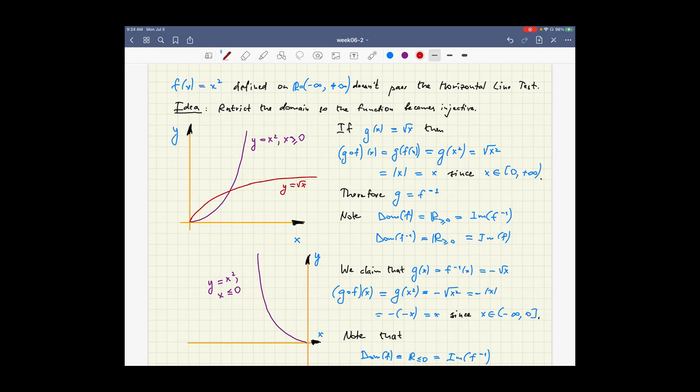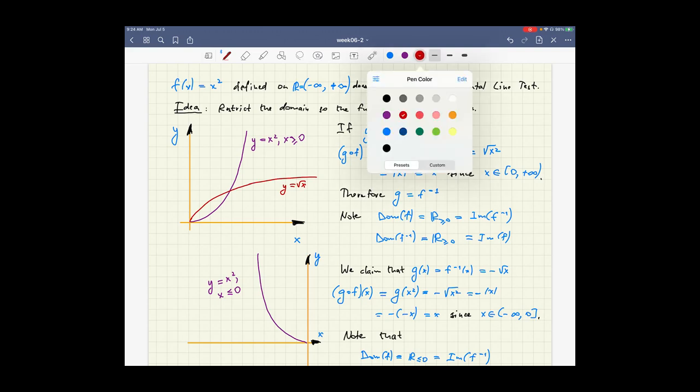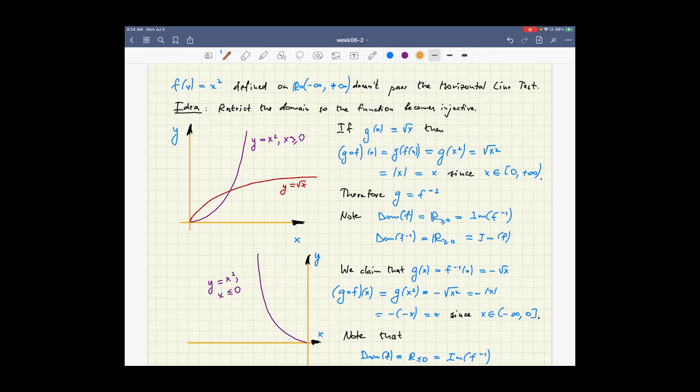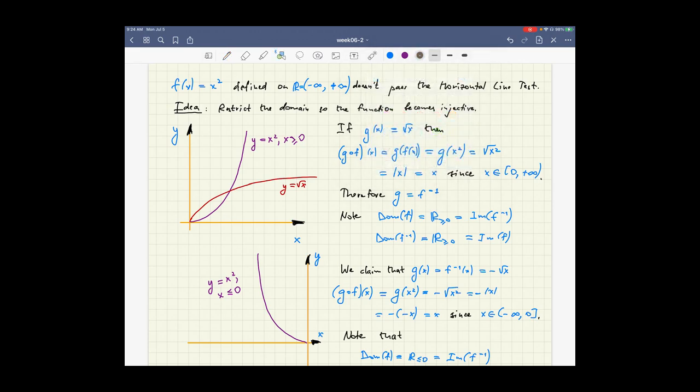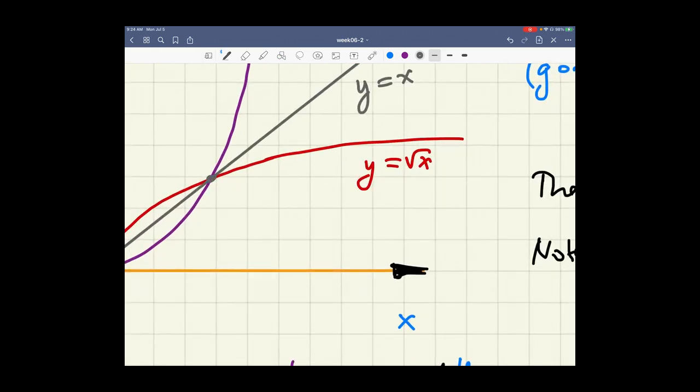And the two graphs, x squared for non-negative x and root x, are certainly symmetric about the line y equals x. This point in particular where all three intersect is again 1, 1.